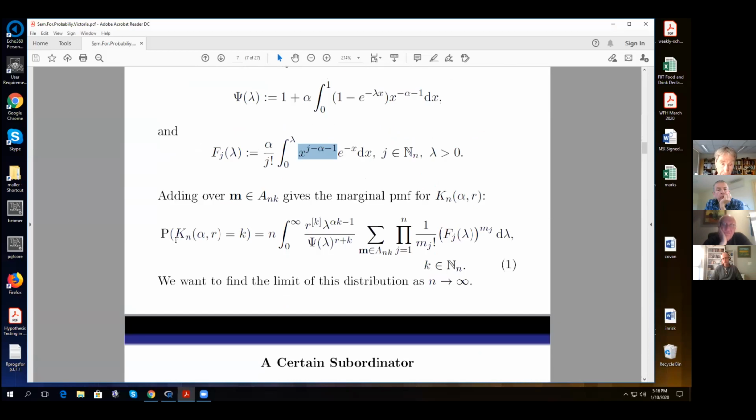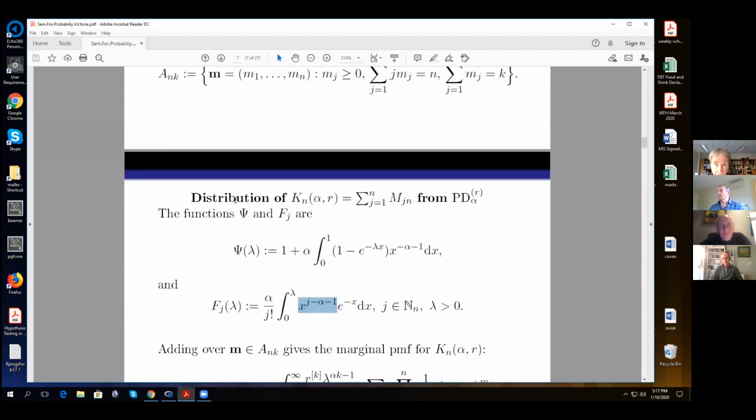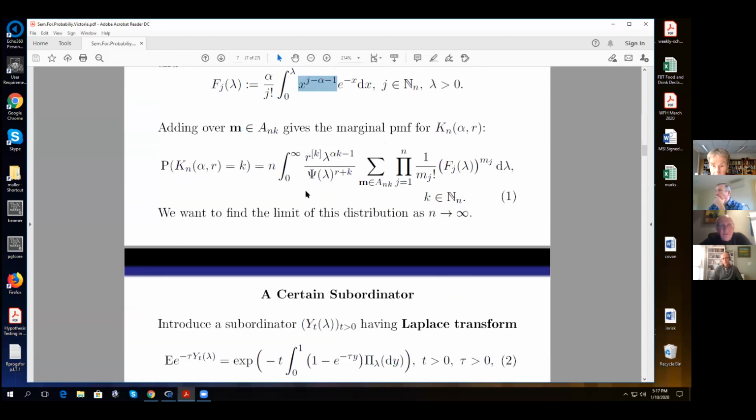We're interested here in the distribution of K_n. I don't want to have to talk about the m's in this exercise. So we have to sum out over the vector lowercase m, which you'll remember is constrained to be in this set of the A's here. So the formula for k takes this appearance here.